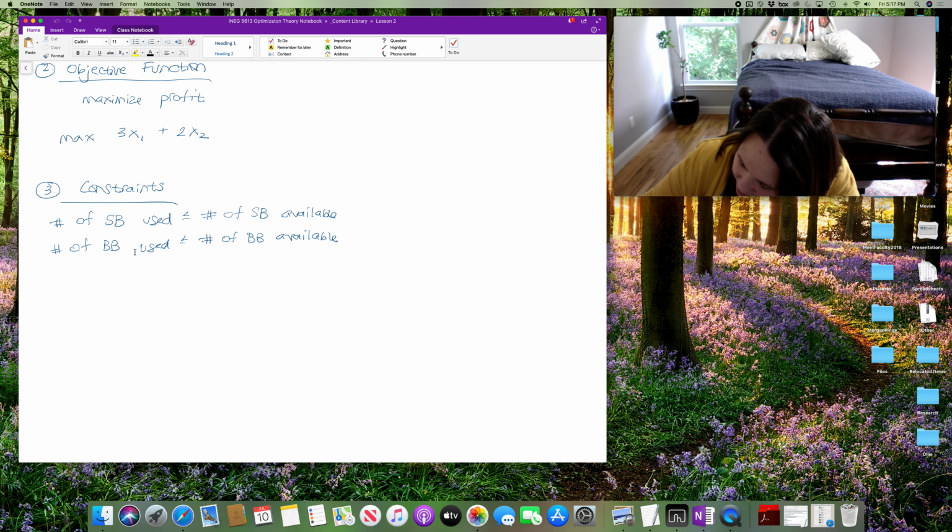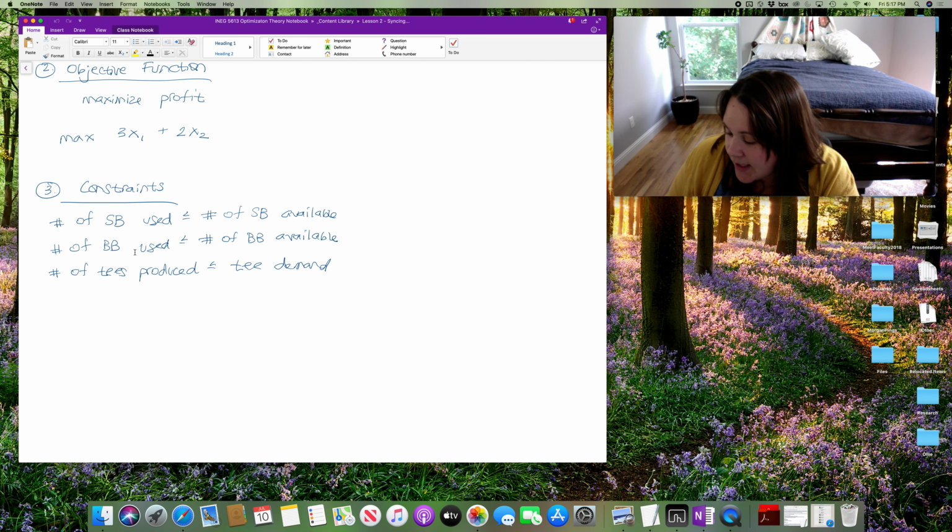We also have a constraint that says the number of teas produced has to be less than or equal to our tea demand. And then one thing to just never forget here is that we should have non-negativity associated with our decision variables.